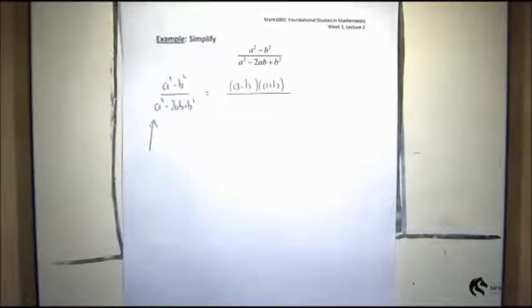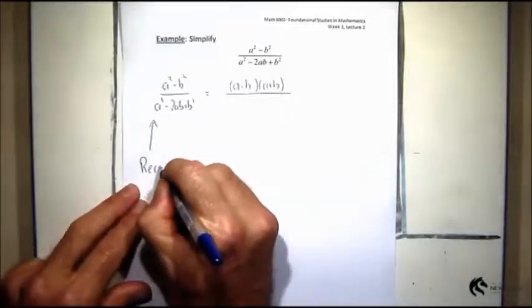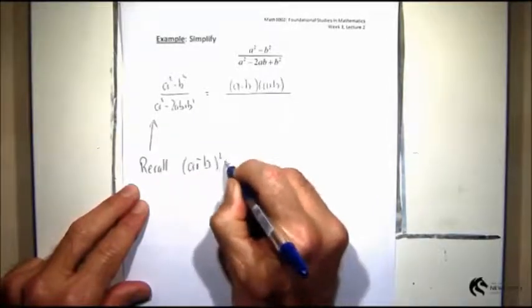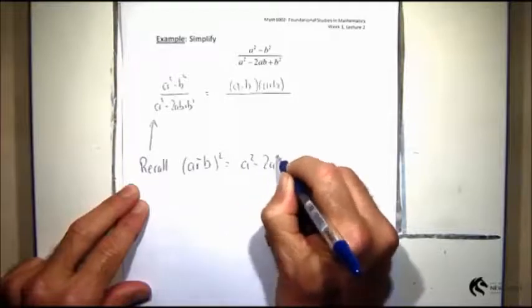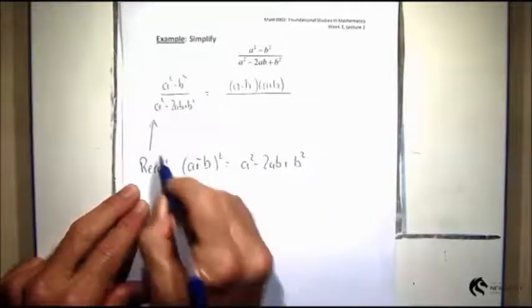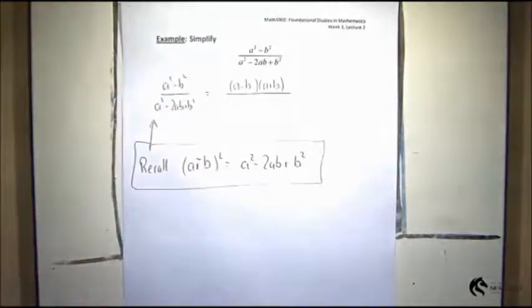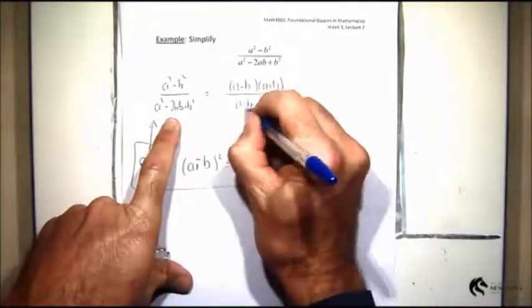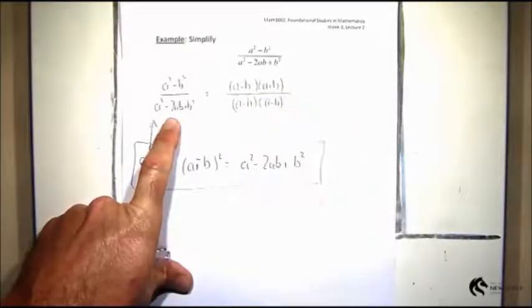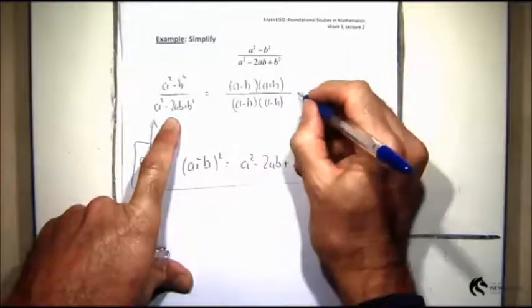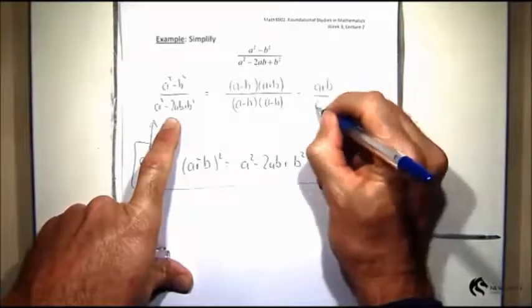So recall that I don't want a plus b, I want a minus b, in this case all squared. We should recognise that perfect square, that square of a binomial, and you can see that's exactly that there. So I can actually write this as a minus b, a minus b. And now I have a minus b on the top, a minus b on the bottom, and so that simplifies to a plus b over a minus b.